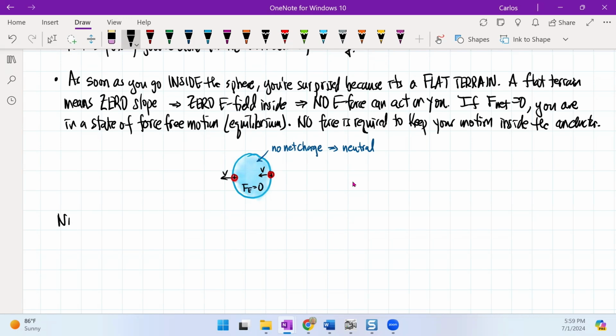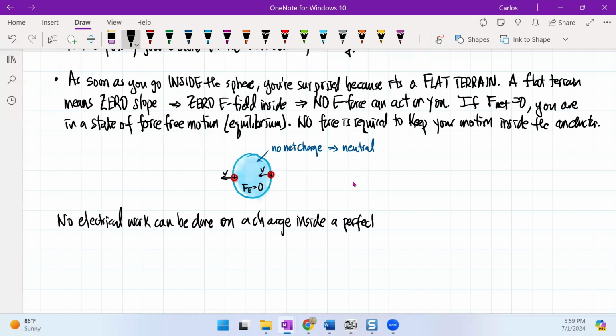So no electrical work can be done on a charge inside a perfect conductor. And that word perfect is important because electric wires are conductors, but they have a small electric field.